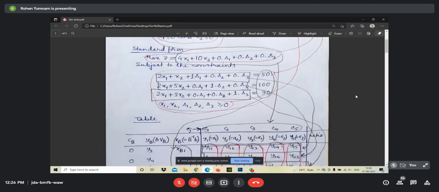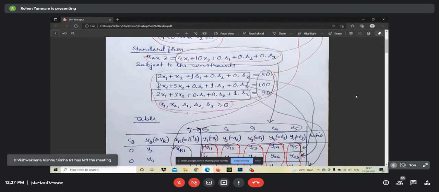Now this becomes the standard form, and I think there is no problem. Now we have 5 variables altogether: x1, x2 with 3 slack variables s1, s2, s3. From this, we have to write the first table of the simplex problem.